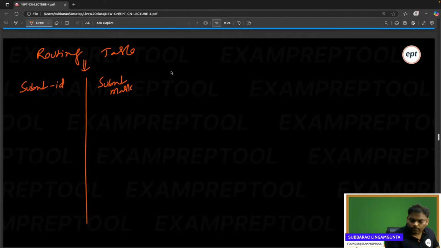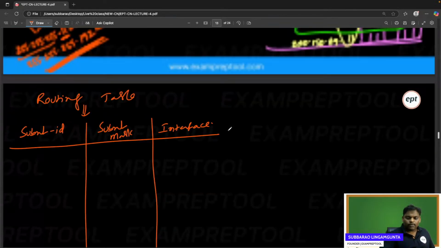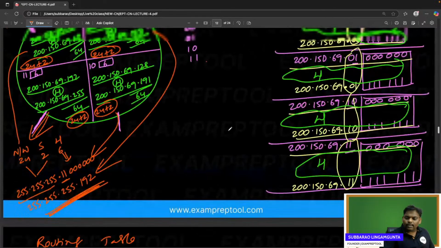It's the interface. Observe clearly what is happening till now. You can observe the interface.